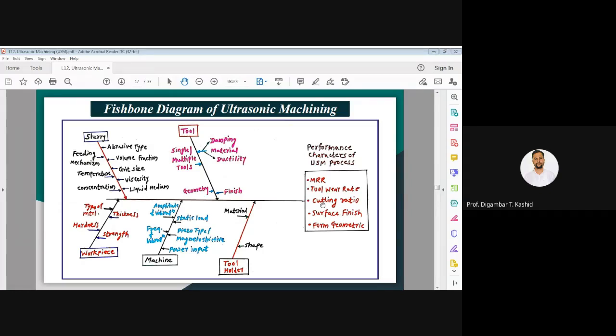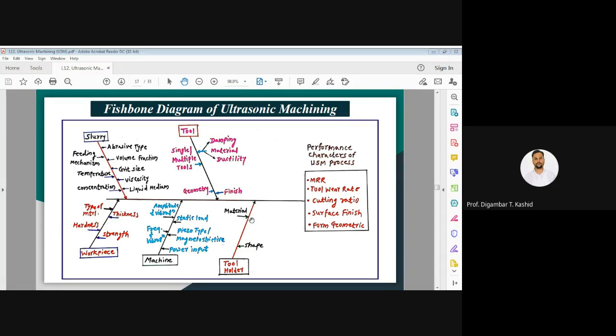And obviously the surface finish. Using these you can measure your performance. This is called the process parameters or parametric analysis, or fishbone diagram of ultrasonic machining. This is very important for your project or for any advancement in this manufacturing or machining process. You can vary any parameter and see how the variation affects performance.